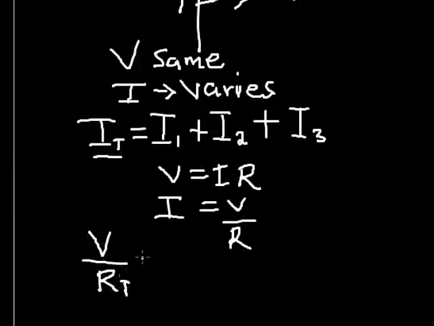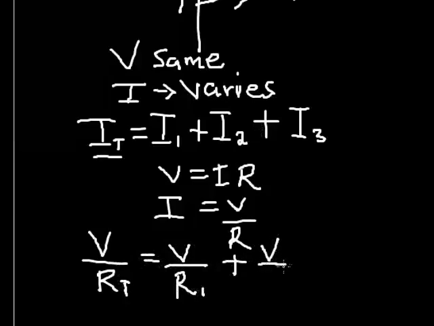Remember, V is the same. Now for I1, the same V, all over R1. For I2, V all over R2. Then for I3, V all over R3.